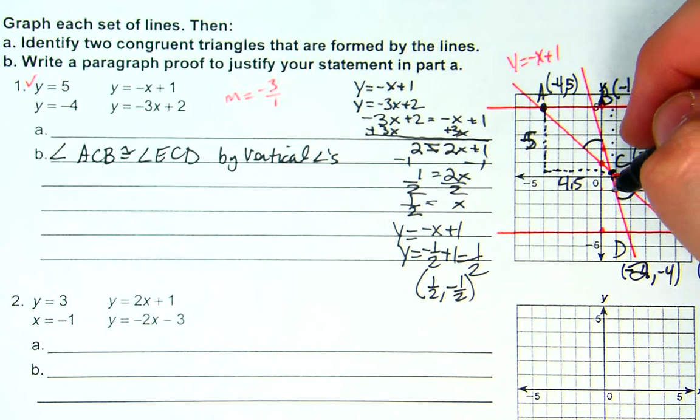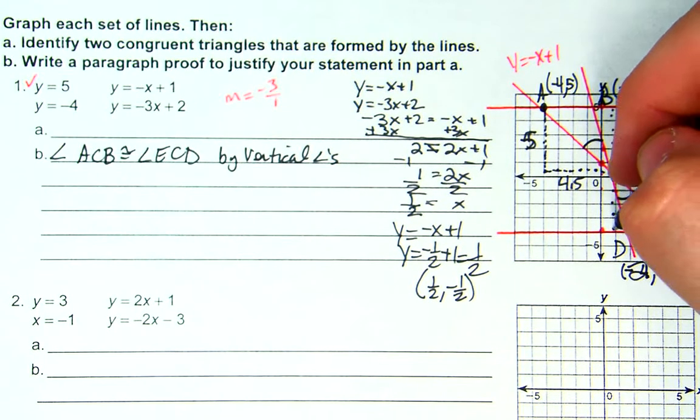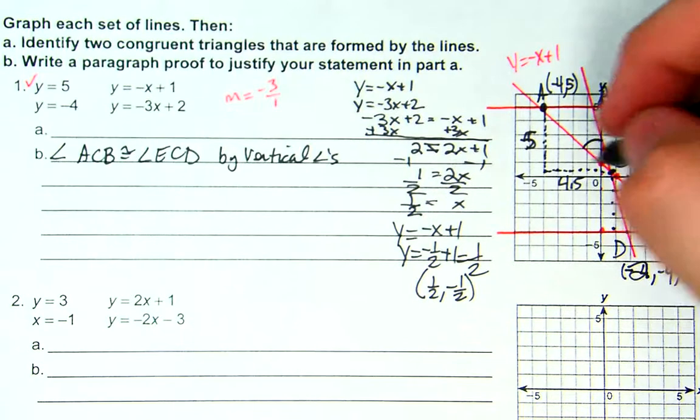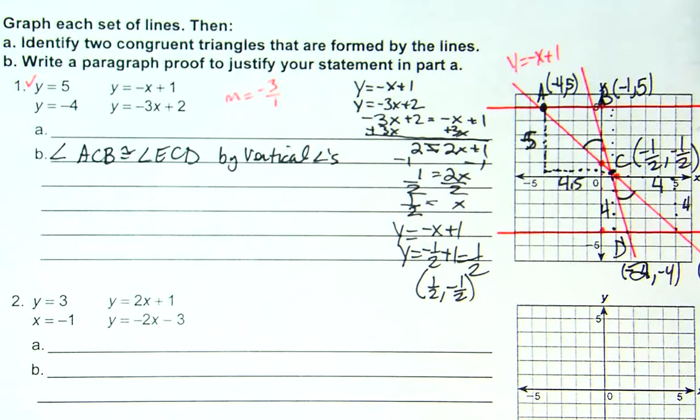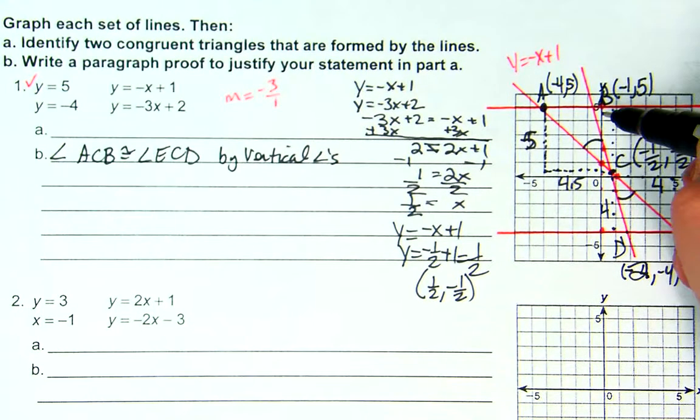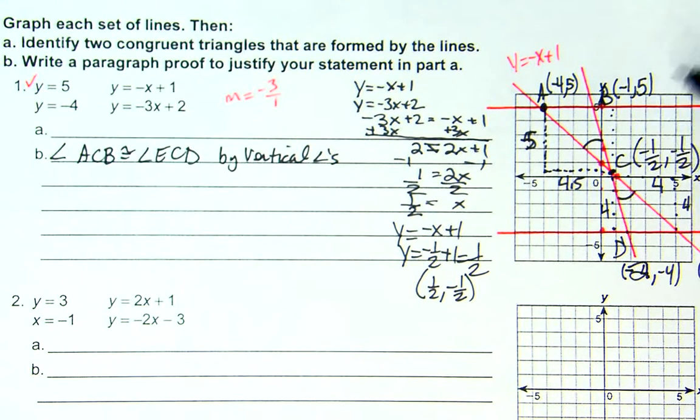And this one is 1, 2, 3, 4, 1. That's at 4.5.